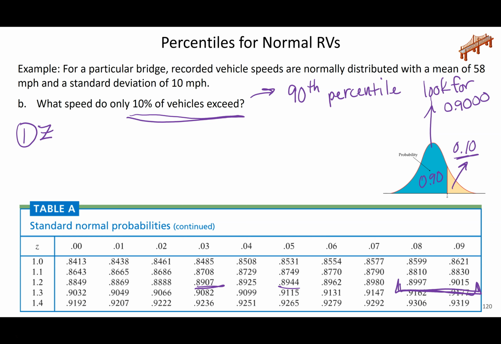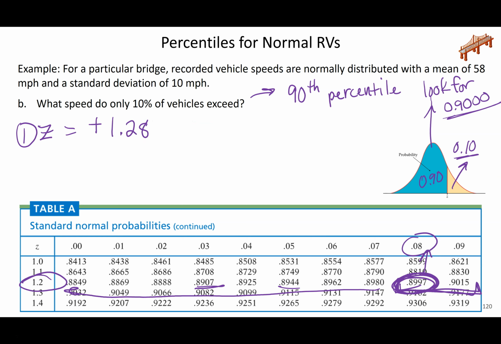It looks like it's between these two. Once again, honestly, you could pick either one. I wouldn't be too unhappy with either. I'm going to argue, though, that 0.8997 is closer to 0.9 than the other. So I end up getting positive 1.28.